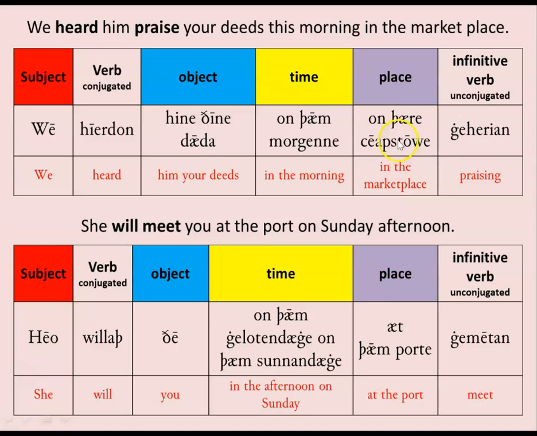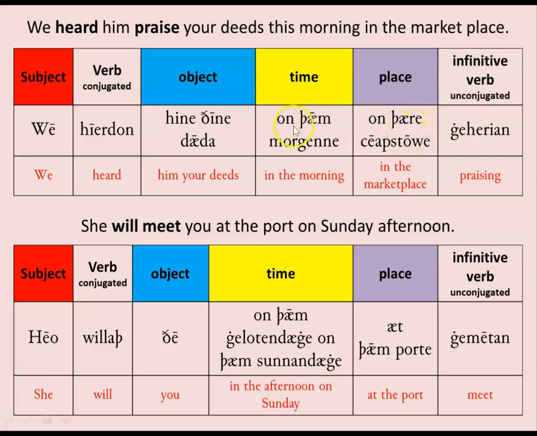Thare is singular, feminine, dative. Cheapsatoa is a feminine noun, and we choose it in the dative, so we have the e on the end, cheapsatoe, feminine dative. The demonstrative article that goes with it, the word tha, must have the feminine form, so we choose a feminine singular form because it's one marketplace. Thare goes here.